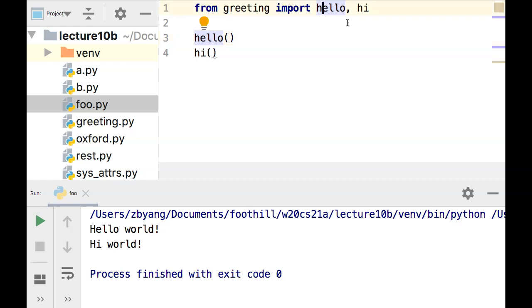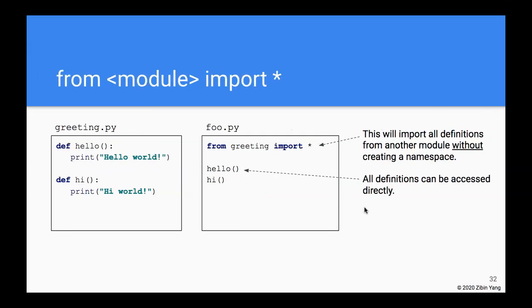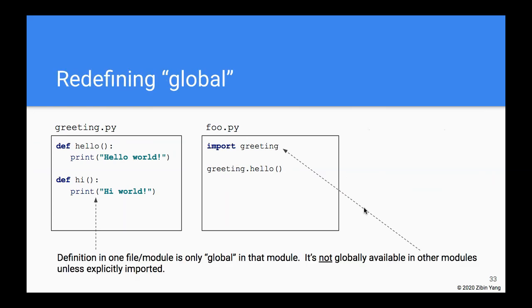So instead of listing explicitly each of the definitions, I can do an import star. And that would just import everything from the file slash module, and I can use them directly. So star also works. It just imports everything.